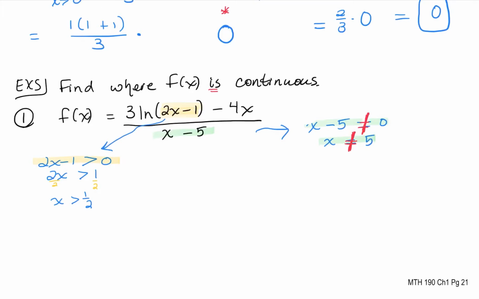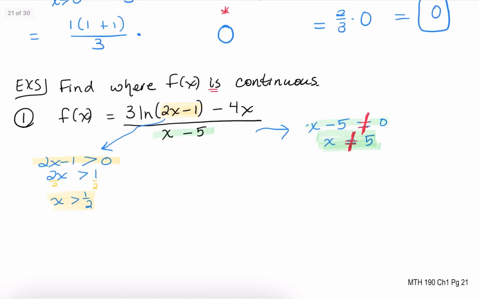All right, so when we pull that information together, let's look at what we have here. The log is positive when I have x greater than a half, but I also have to throw out where x is equal to 5.